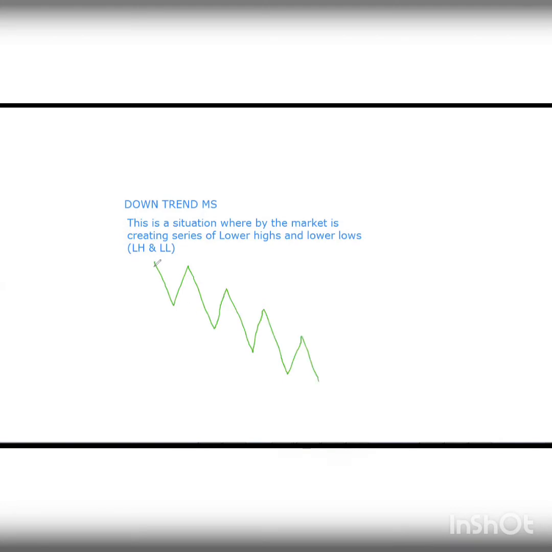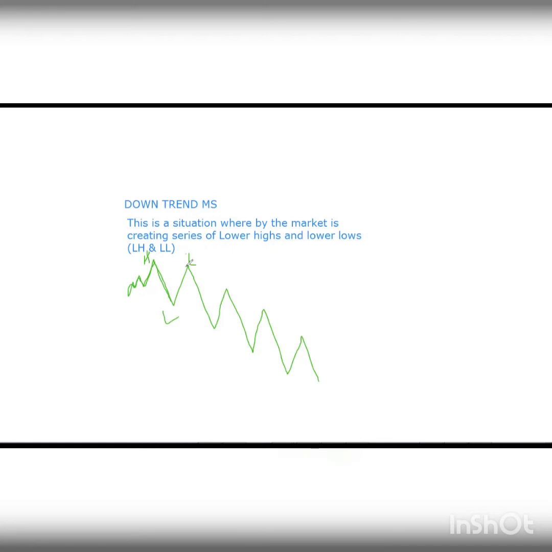Probably the market was coming like this, and then it gave us a low. This is a low, and it came back. This is a high. Just pay attention, please. This is a high, and it came back and gave us a high that is lower than the previous high.